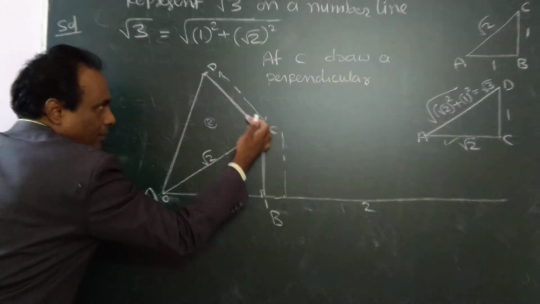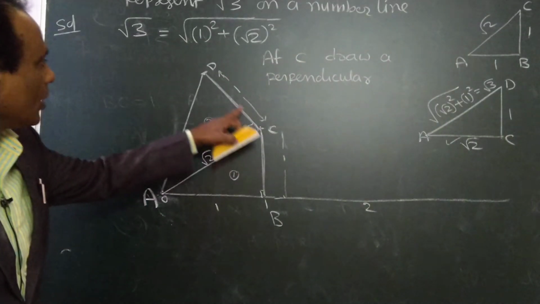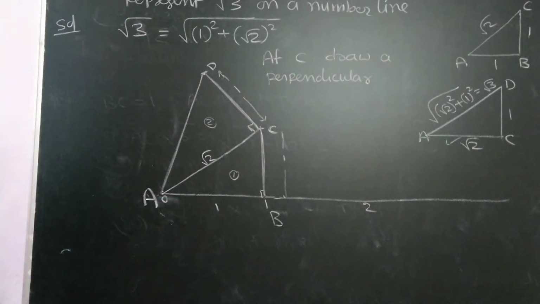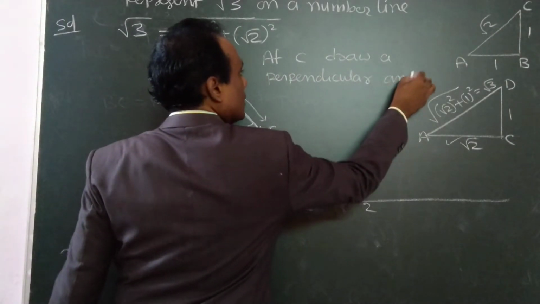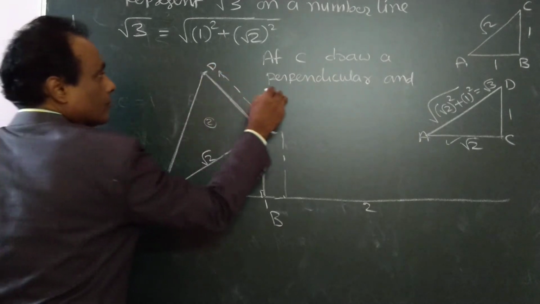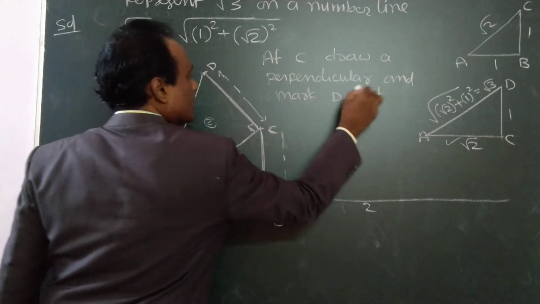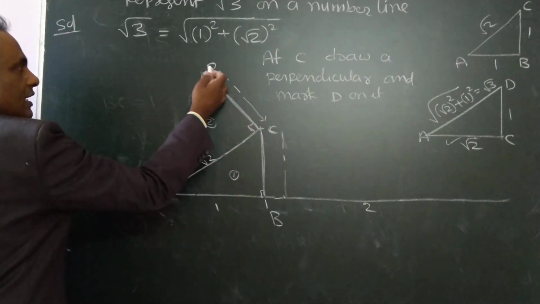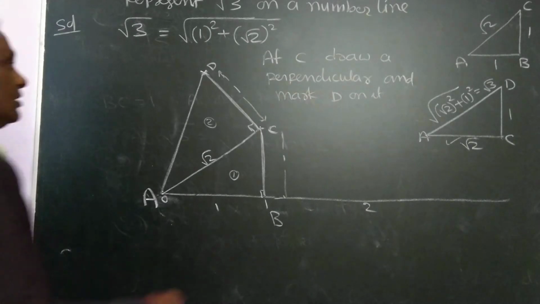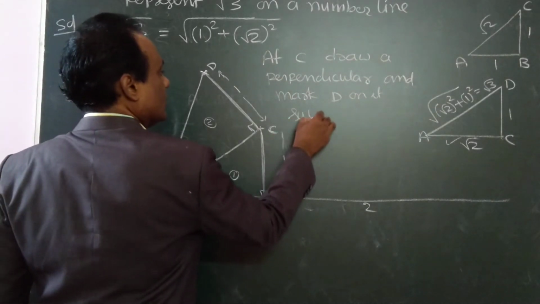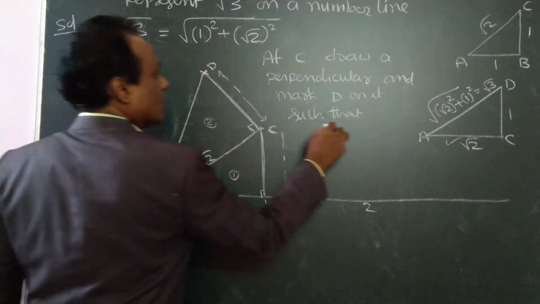At C draw a perpendicular and after that mark a point D on it such that CD is equal to 1.